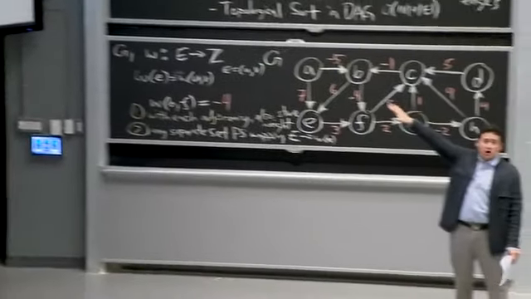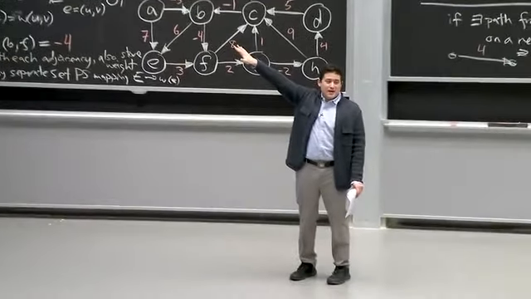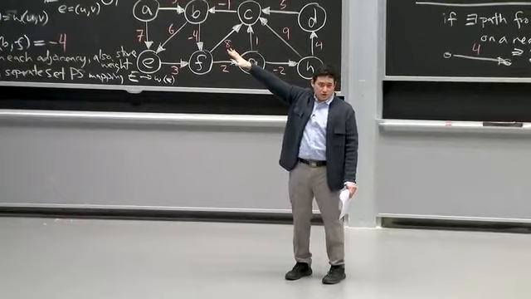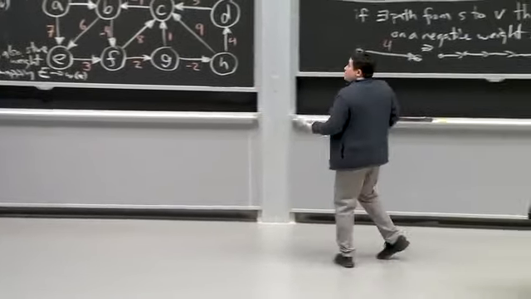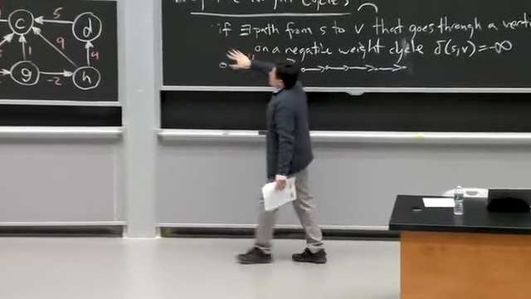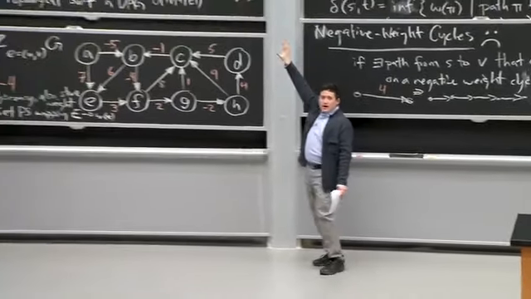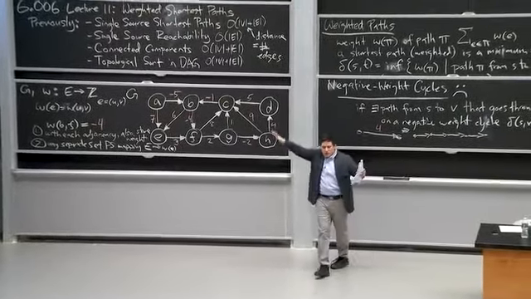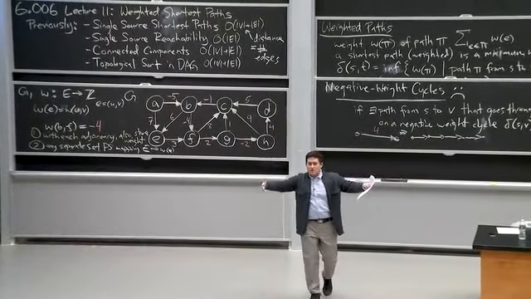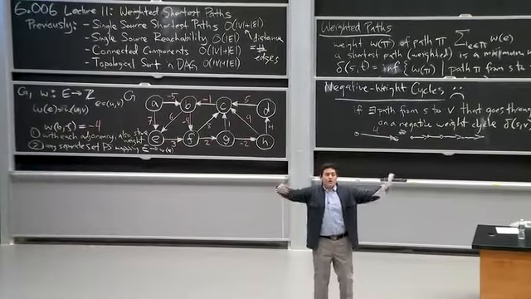But before we go on to showing you how to solve single source shortest paths in a DAG, using this algorithm that I'm calling DAG relaxation here, I'm going to go back to a thing that we talked about in breadth first search, where when we solve single source shortest paths, we output 2 things.